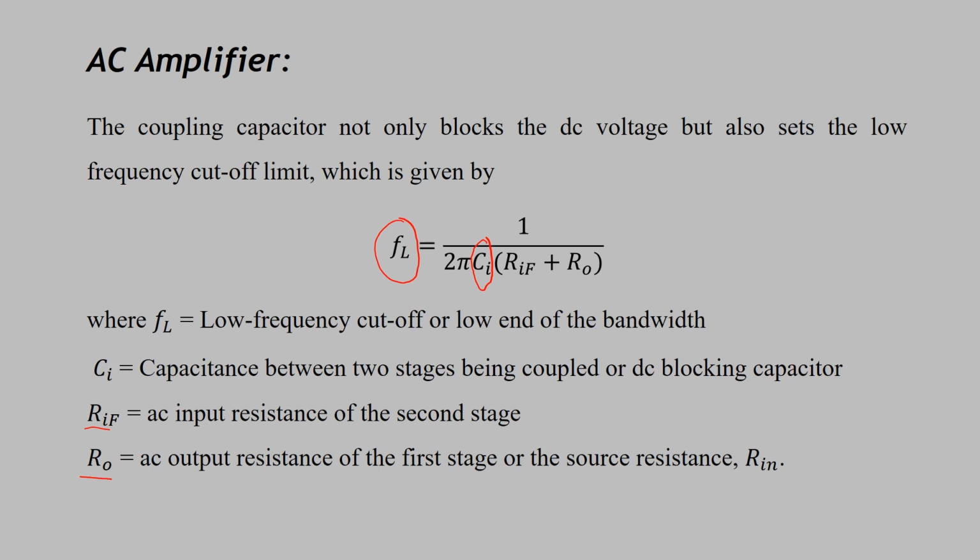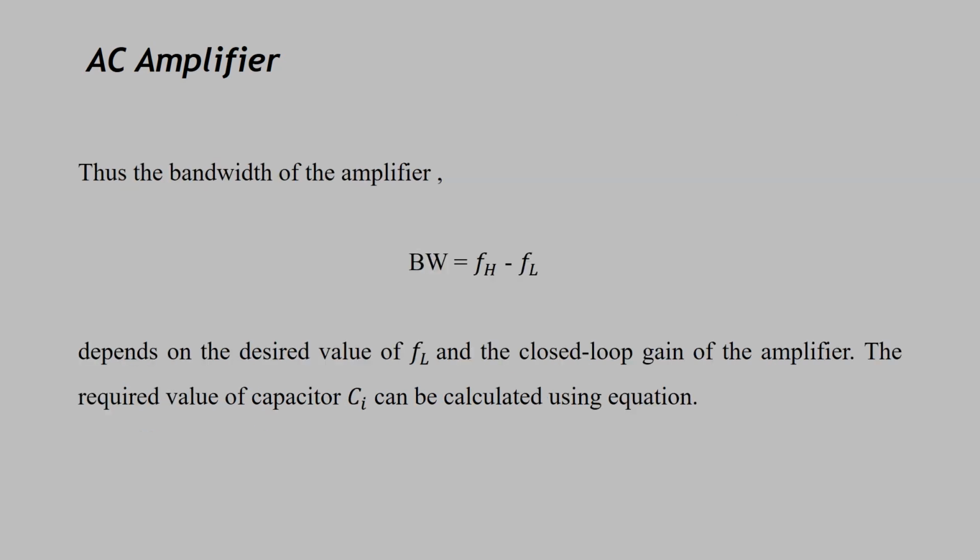Now the high frequency cutoff FH, or high end of the bandwidth, depends on the closed loop gain of the amplifier. Thus the bandwidth will be FH minus FL, which depends on the desired value of FL and the closed loop gain of the amplifier.